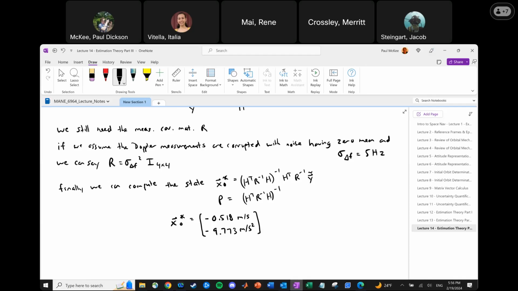Now we know that the true solution, which was used to generate these measurements, I'll just give that to you. This is the true X naught: negative 0.5 meters per second and negative 9.81 meters per second squared. Okay. So that's pretty close. We made it pretty close.